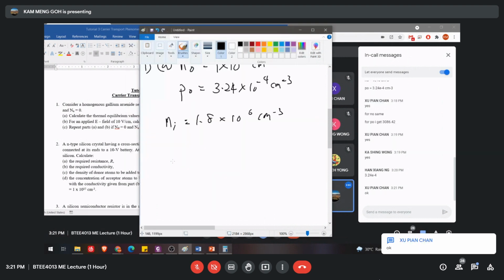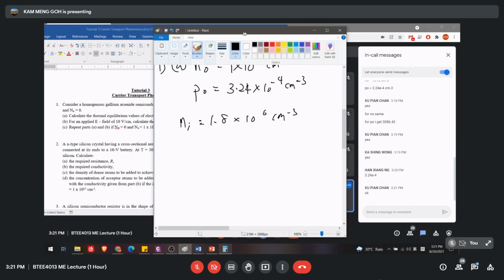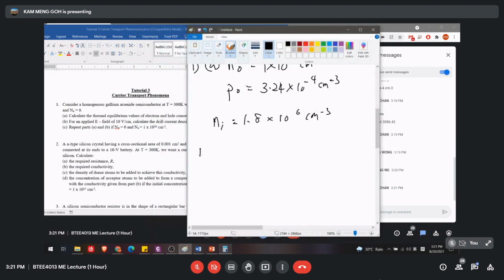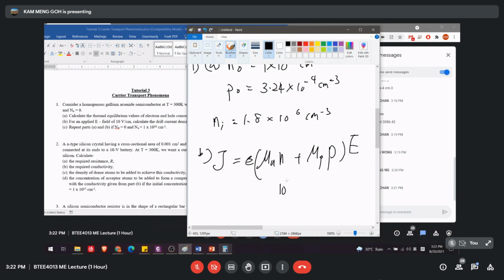Then B. For an applied E field of 10 V per cm, calculate the drift current density, J drift. This is very simple. (mu N times N plus mu P times P), then multiply by E. So N and P you already obtained. So 10 to the power of 16, plus mu P times 3.24 times 10 to the power -4. Then your mu N you need to obtain from the table.